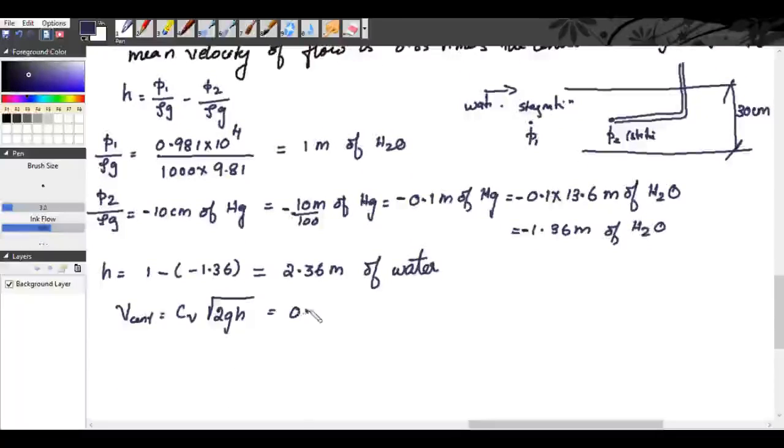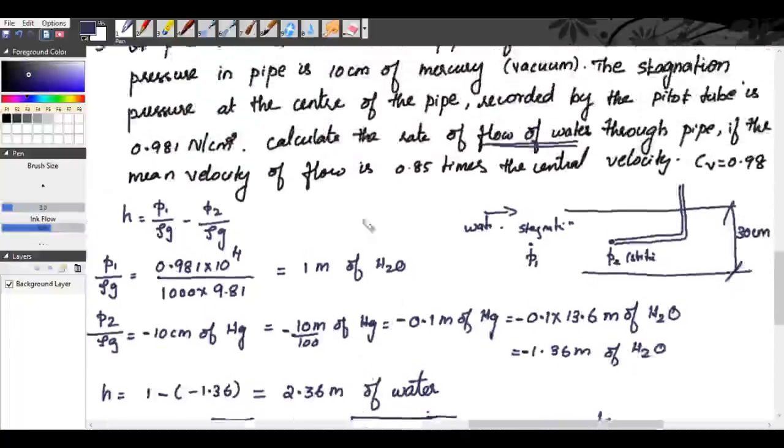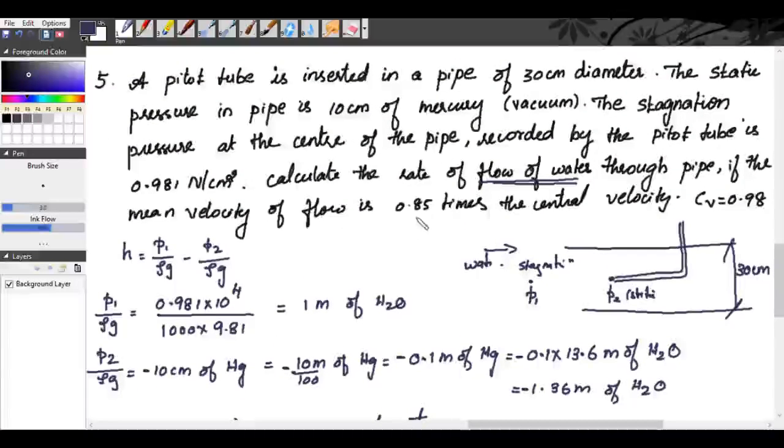So 0.98 into root of 2 into G is taken as 9.81 and H is 2.36 meter of water. So we get the central velocity as 6.668 meter per second.